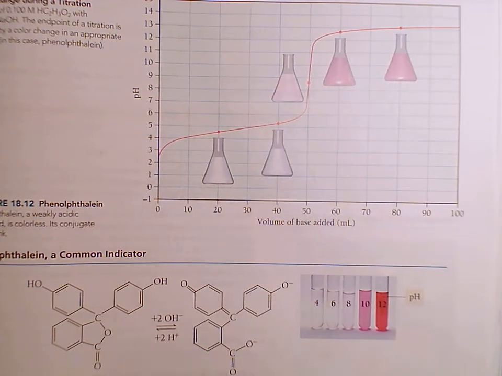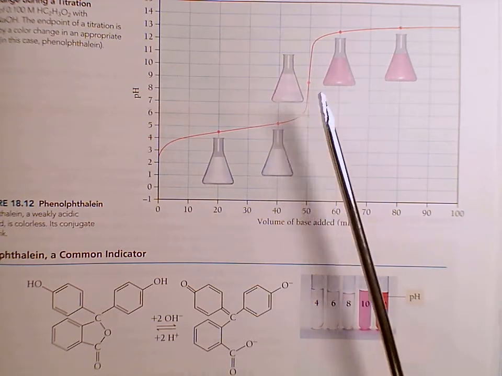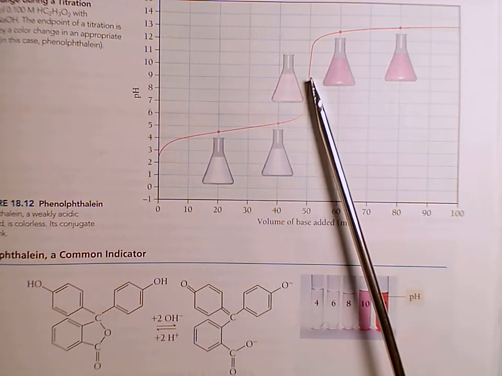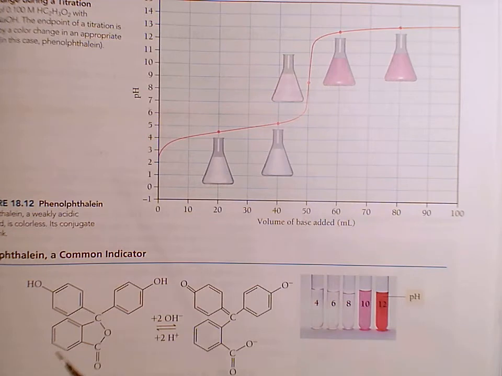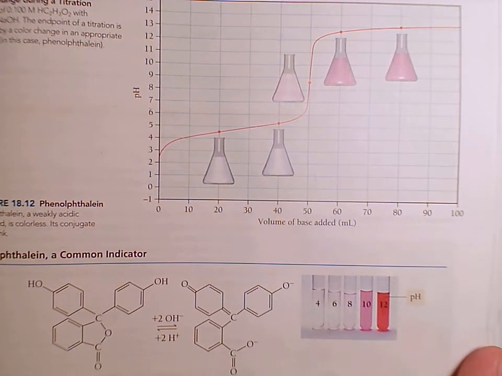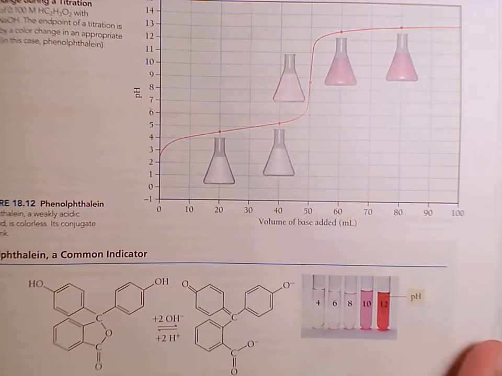It's a dark pink, which means if you're doing a titration with phenolphthalein, you want to stop when it's just the faintest pink. When it's just the faintest pink, at that point, we know we're at a pH slightly above 8, which is a pH value you normally see when you're titrating weak acids and strong bases. That's a normal pH around 8 to 9 that you will see at the equivalence point.